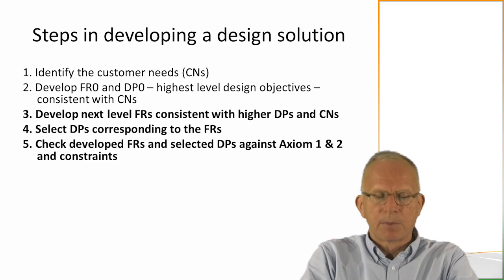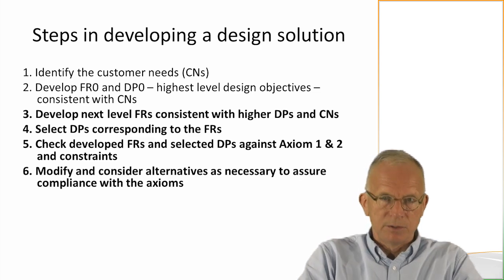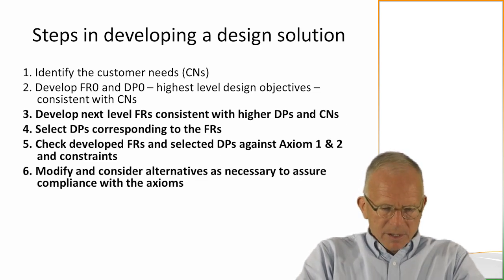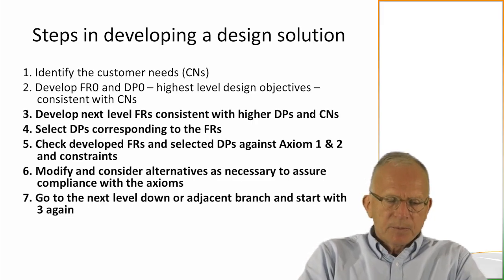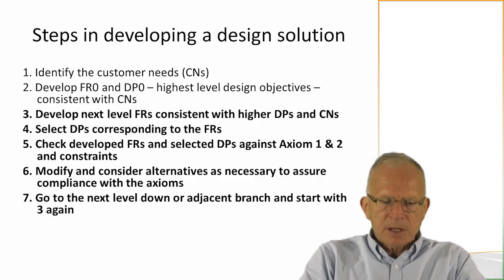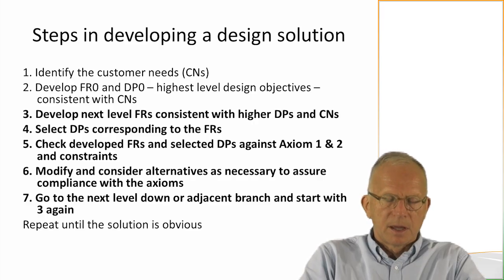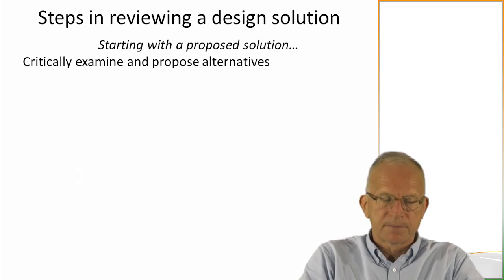Check for compliance with axiom 1 and axiom 2 and with the constraints. Modify and consider alternatives to be in compliance with the axioms and the constraints, and then iterate again. And keep iterating until you're at a low enough level so that the solution is obvious.